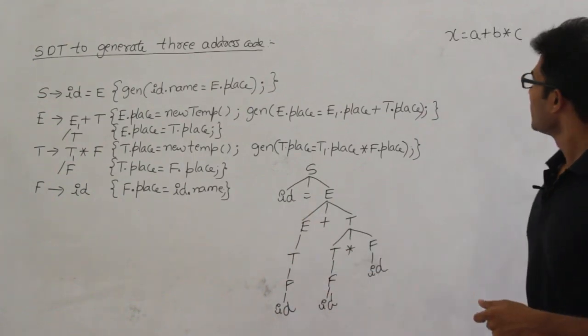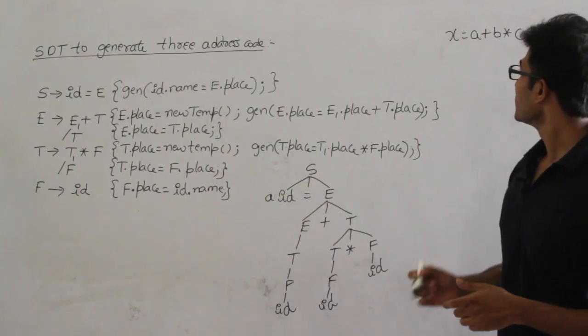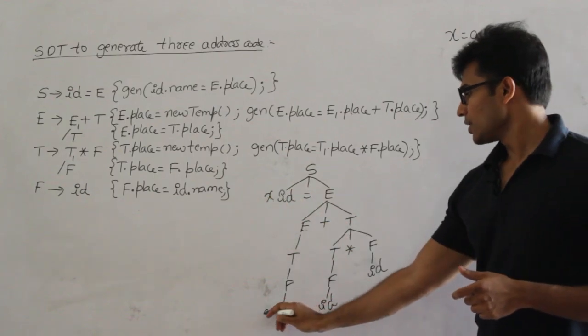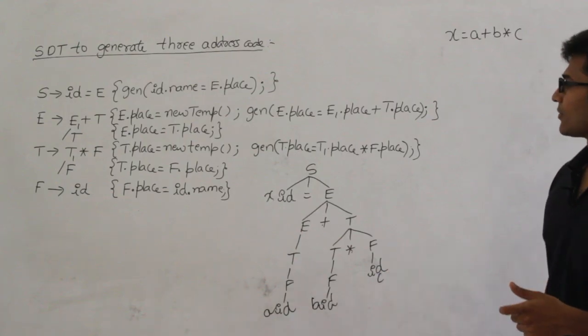Okay, and now this id is nothing but a, and this id is nothing but x equal to a plus b into c.